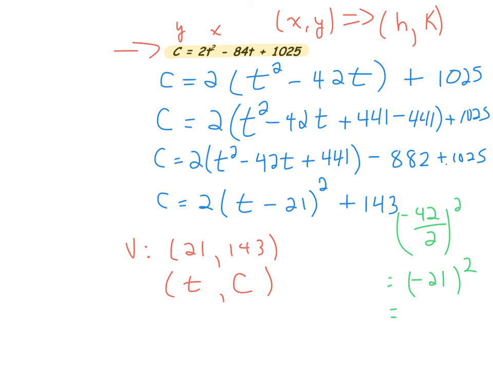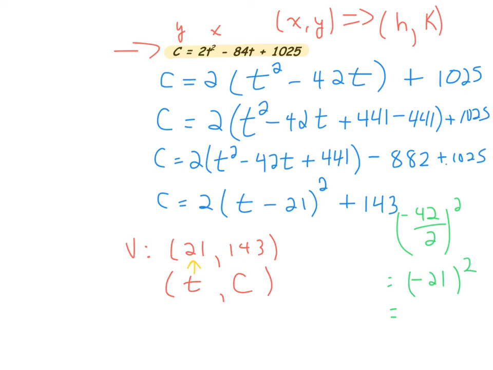So if 21 is my T and T is representing time, that's telling me that at 21 hours of operation is where I have a minimum cost, and that minimum cost is $143.